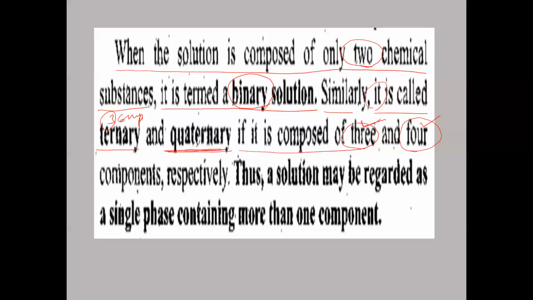Like this, lemonade, nimmarasam in Telugu, will contain water, sugar, salt, and lemon juice. All four components are there, that's why it is a quaternary solution. Is that clear? Next. If four components are there, quaternary. If three components are there, ternary. Thus, a solution may be regarded as a single phase containing more than one component.